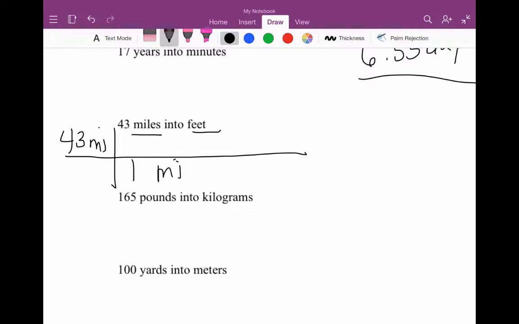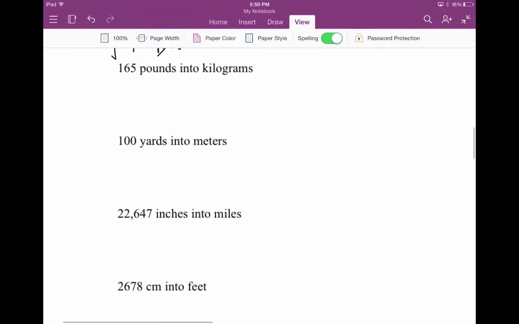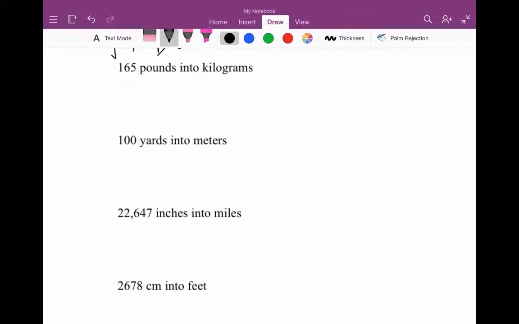Miles cancel. Then to type this into our calculator, we take 43 times 5,280, which will give us 227,040 feet. So 43 miles equals 227,040 feet.